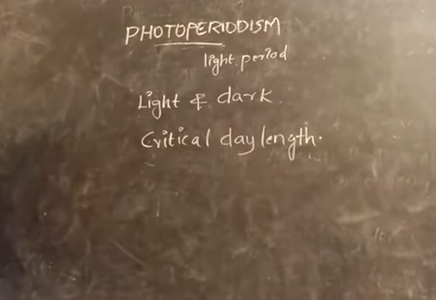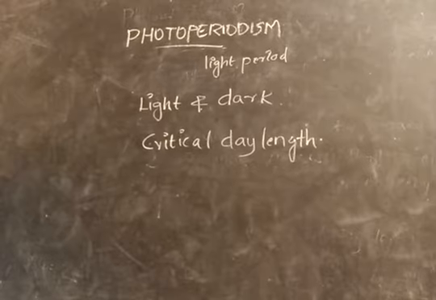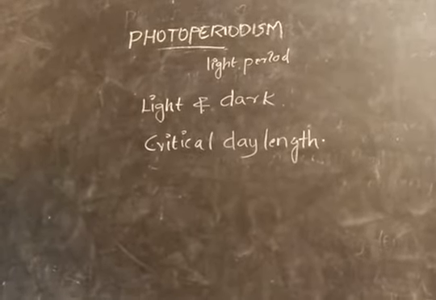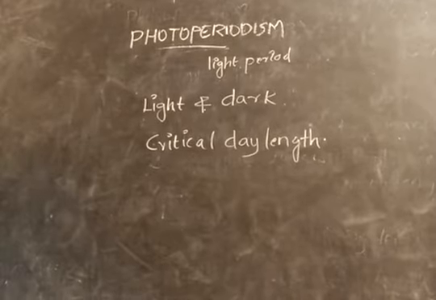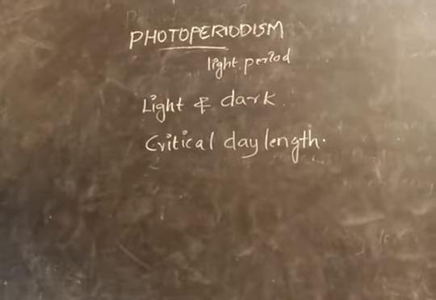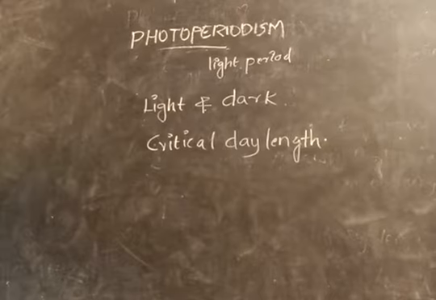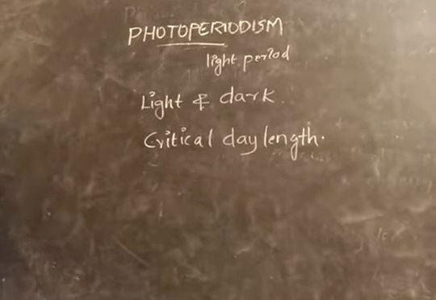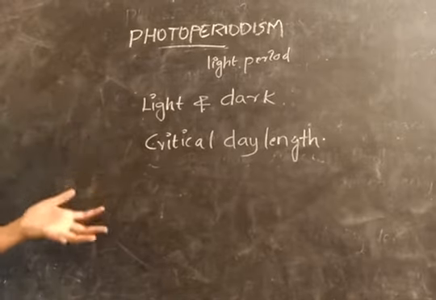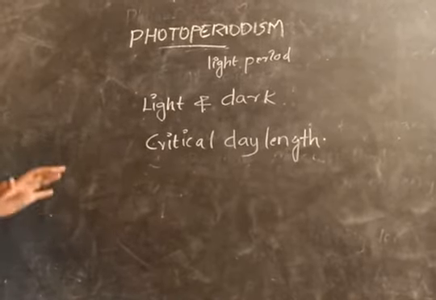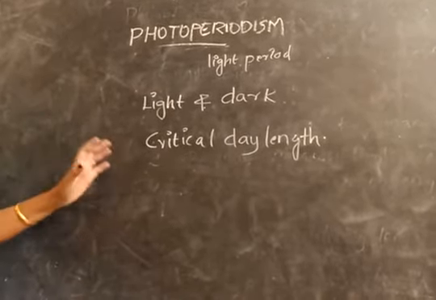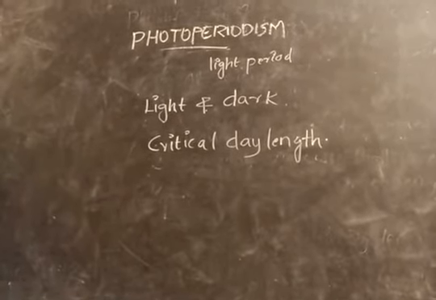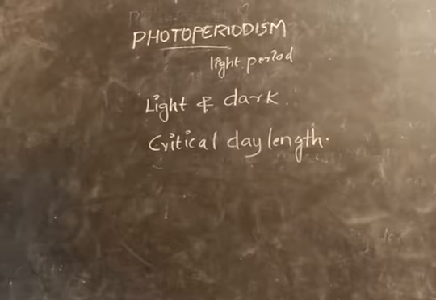Maryland Mammoth, a tobacco variety, requires 12 hours of light for flowering, whereas cocklebur, Xanthium pennsylvanicum, requires 15.05 hours of light for flowering. That is, each plant has its own critical day length for flowering.